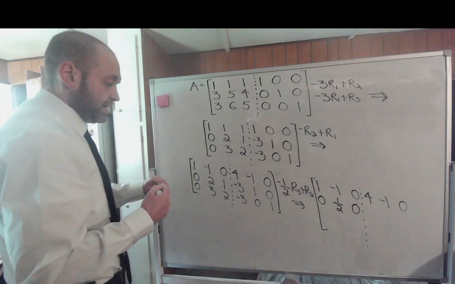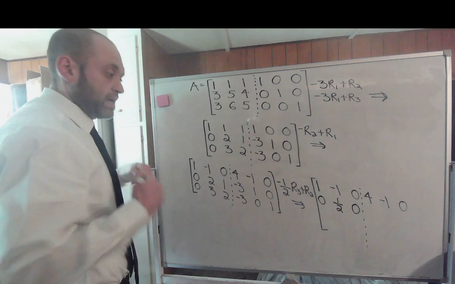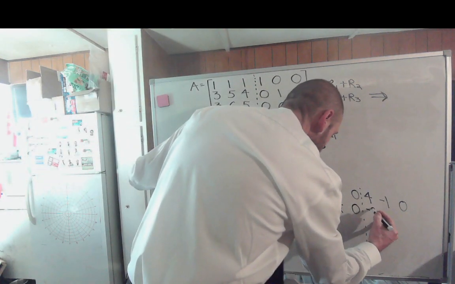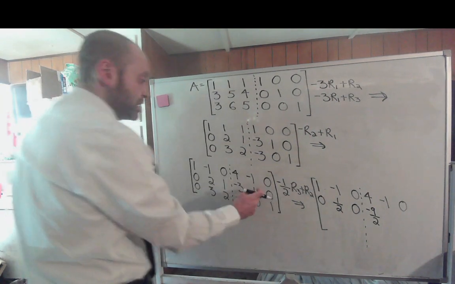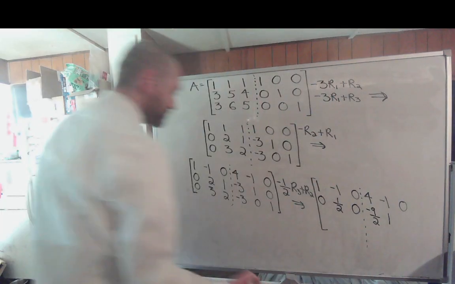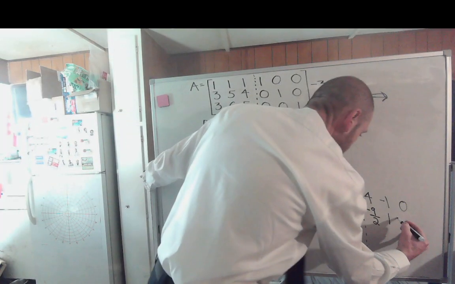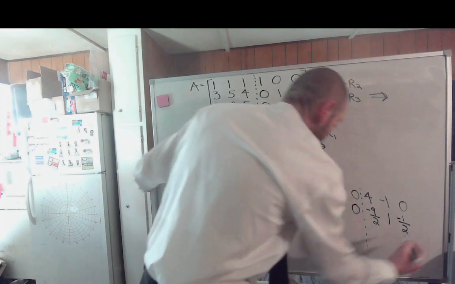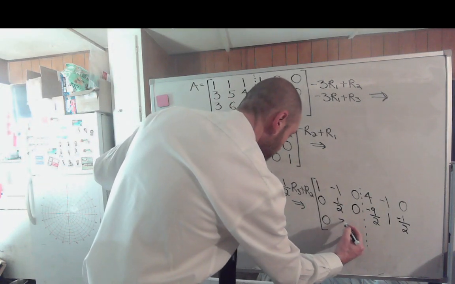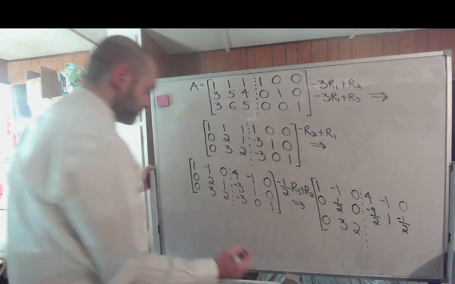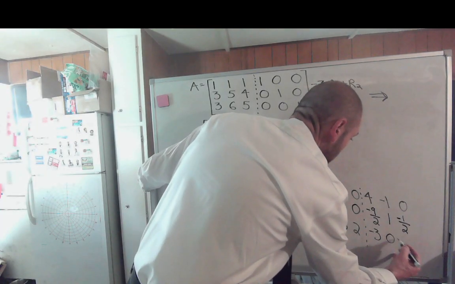And then let's see, negative 3 halves minus 3 would end up being negative 9 halves. Then 0 plus 1 is 1. And then negative half plus 0 is negative half. So yes, sometimes you're going to have fractions. Then we have left row 3 alone. 0, 3, 2. Negative 3, 0, and 1.